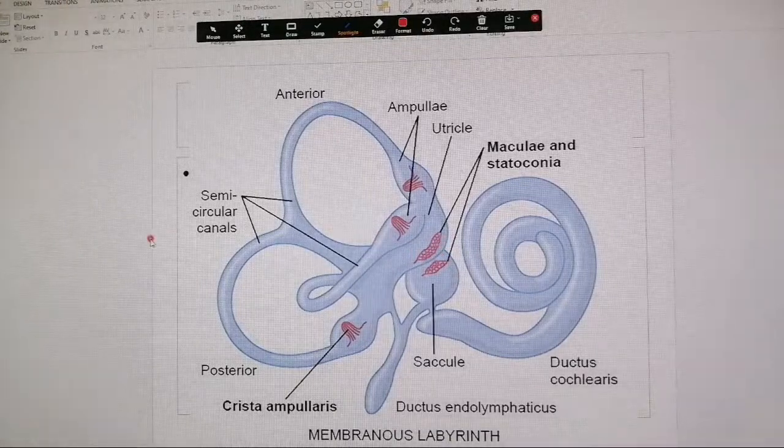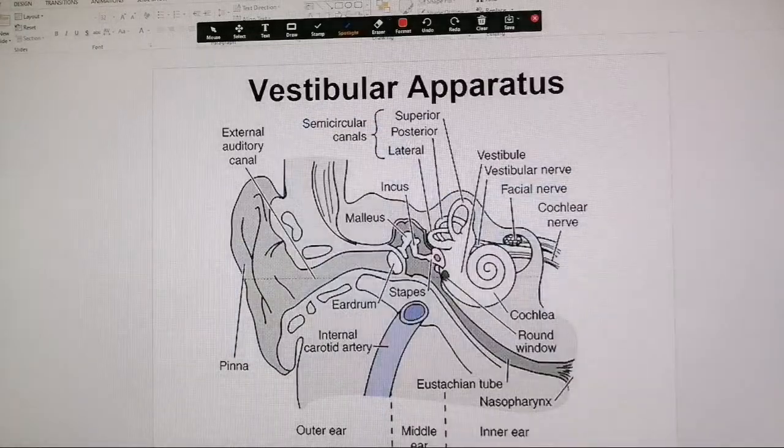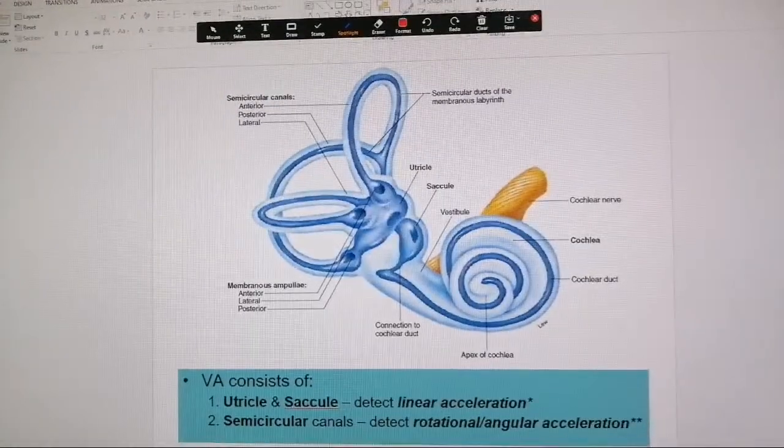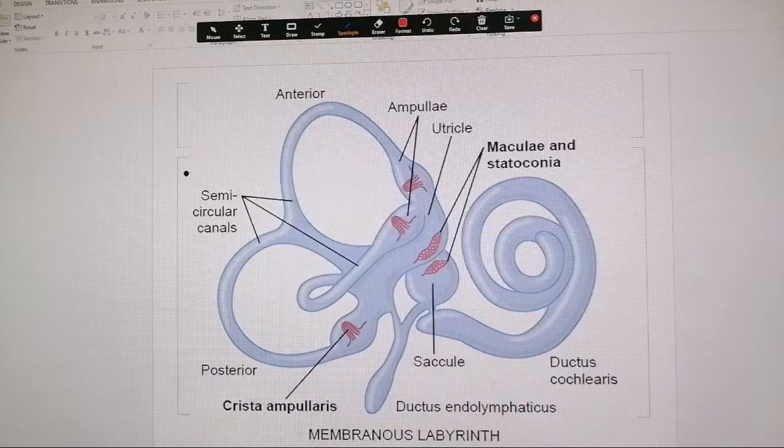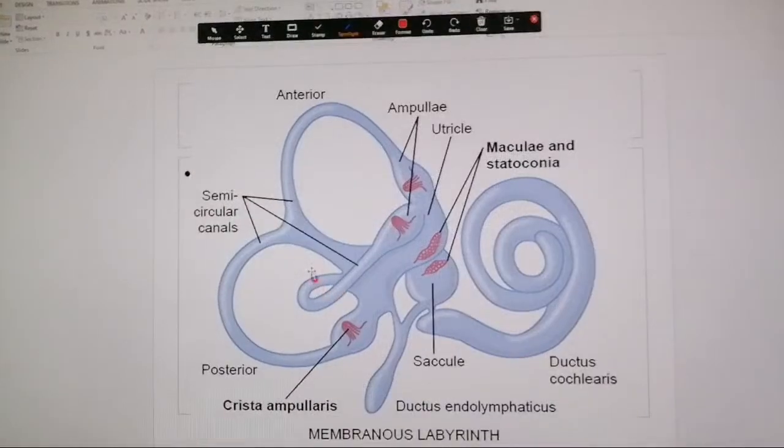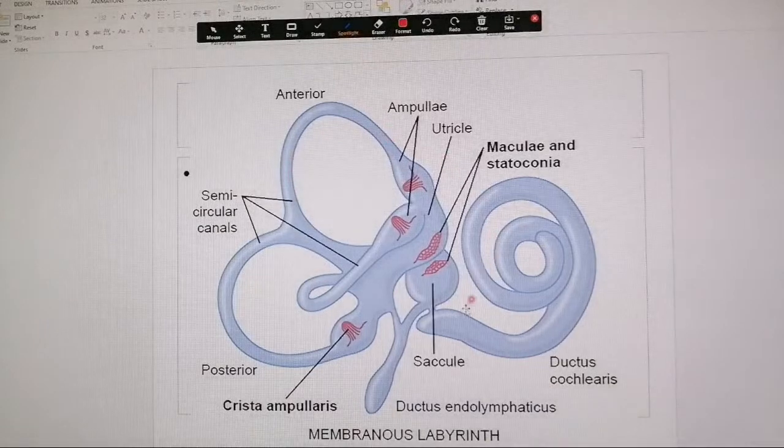So again, for recap, I showed you this, then I showed you this, which is a magnification of the previous one, then I showed you this, which is an elaboration of the previous one. Now the next slide will focus on the macula and the statoconia itself. Since the format of the next slide is entirely different, you won't be shown this diagram again.